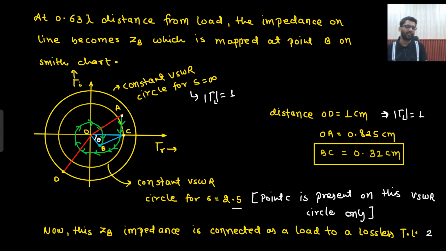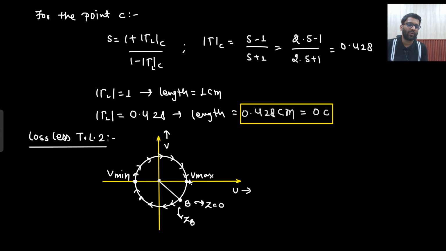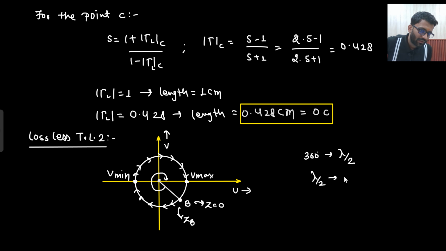Are you getting this point? So if I have covered 0.4375 lambda distance, that means I have reached here. What would this angle be equivalent to? 360 degree angle is equal to lambda by 2. That means lambda is equivalent to 720 degree angle.